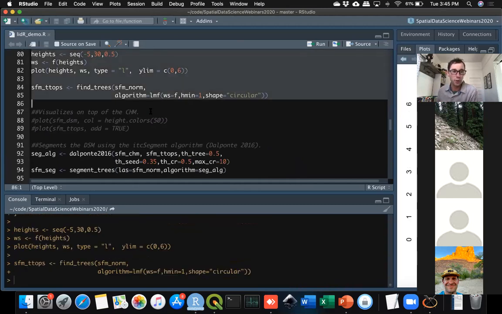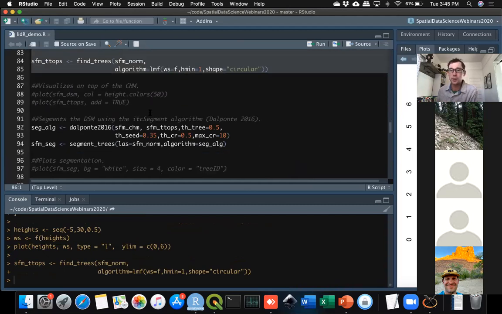If we find the trees, it's going to search through our scene and come up with local maxima, places where we've got points that are high relative to their neighbors. And those are good candidates for treetops. It's then going to take those putative treetops and then grow regions around them to encompass the points that are associated with a particular tree.